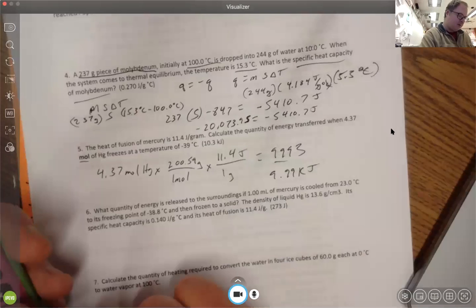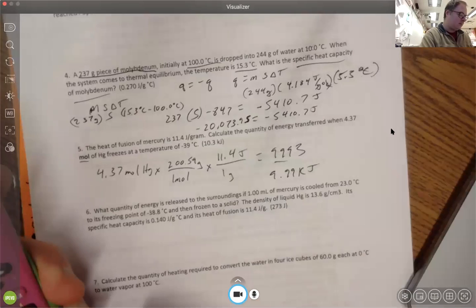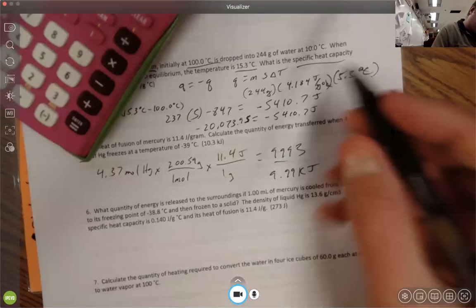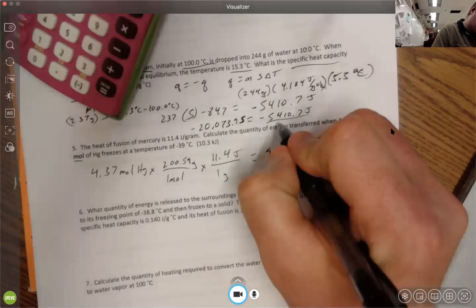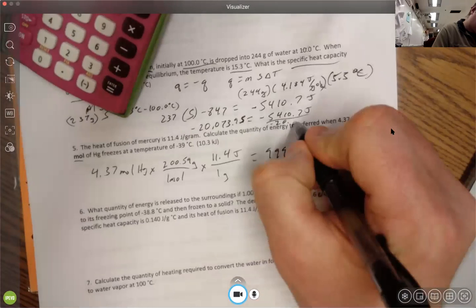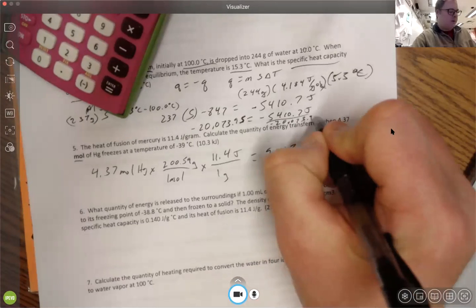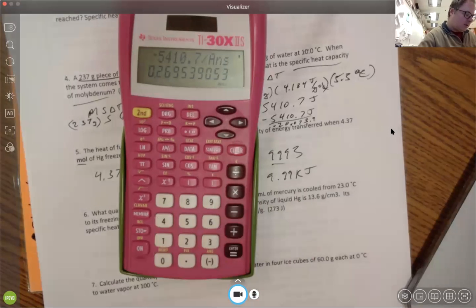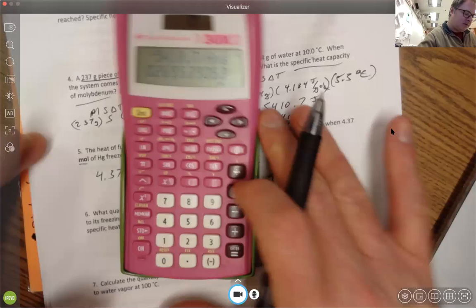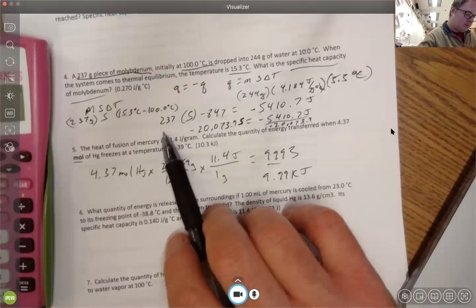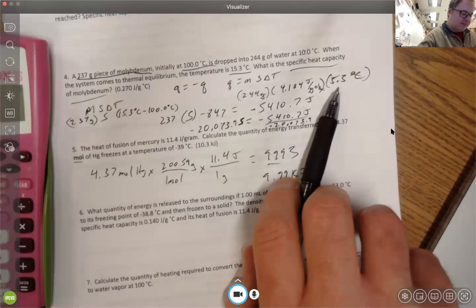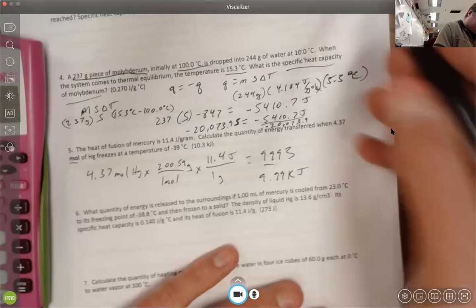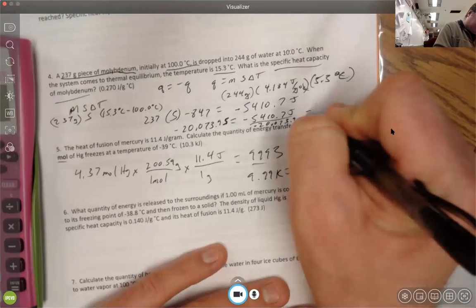Negative 5410.7 divided by 20,073.9, and we get S being 0.2695. The subtraction here, 5.3, gives us 2 significant digits. So that would equal 0.27.